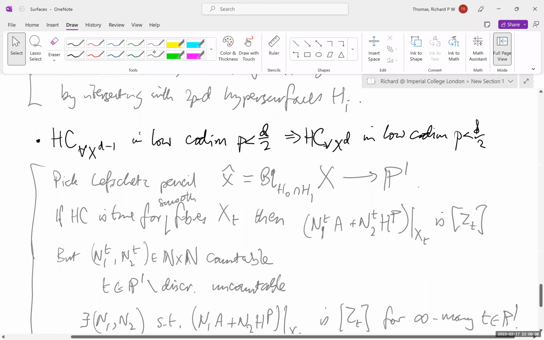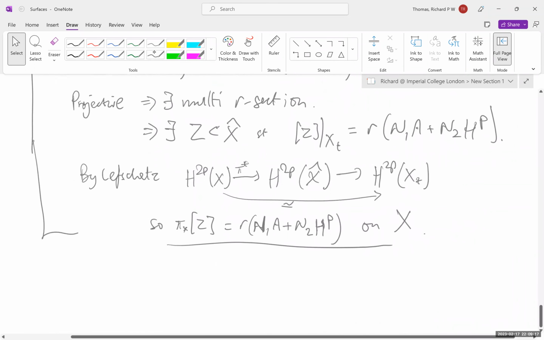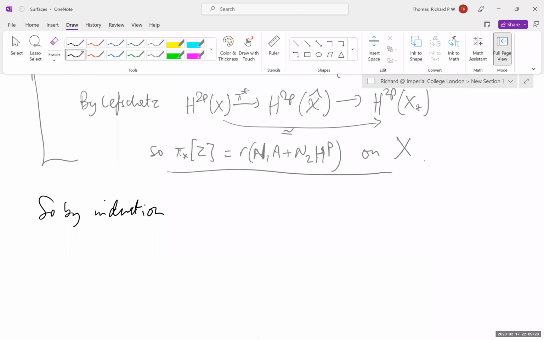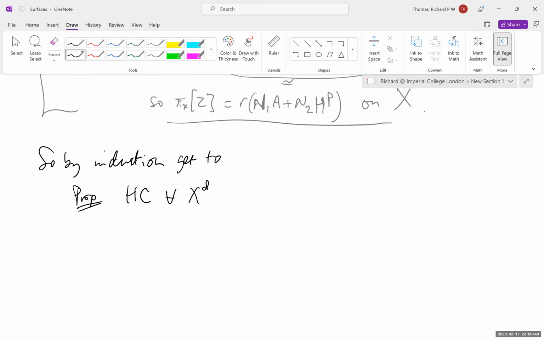Okay, so now by an induction on dimension, I can keep going to lower and lower dimensional X until this codimension is precisely half the dimension. Okay, so by induction, we get to half the dimension. We get to the following proposition: the Hodge conjecture for all X, d, and a.